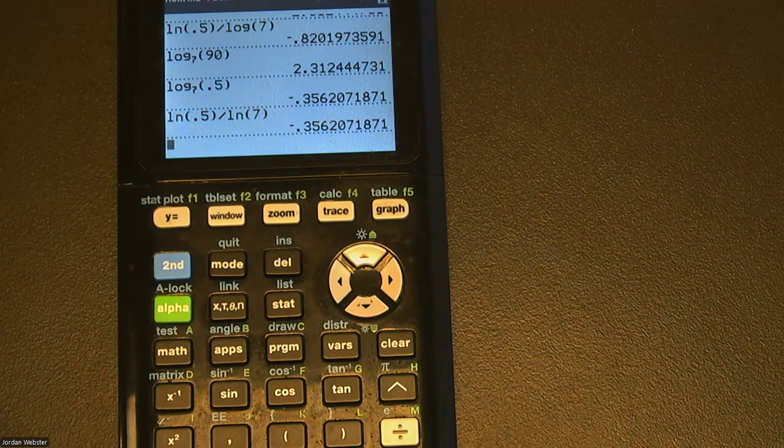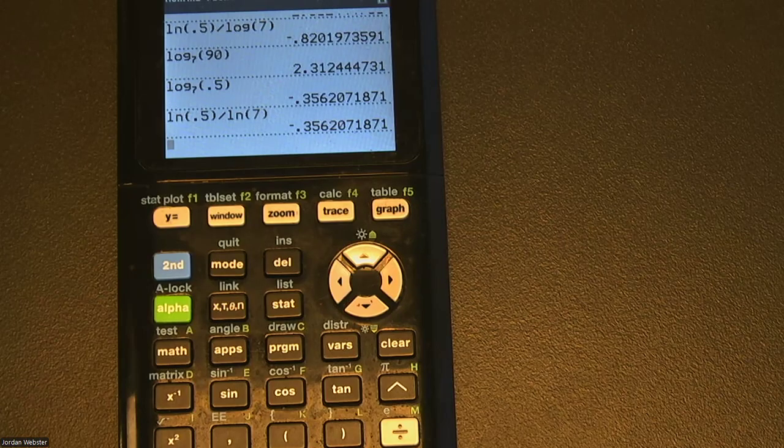I had the wrong number on that last one. So on that last one, it should have been negative 0.36. The log base 7 of 0.5 is negative 0.36. So you can use that feature as well if you have logs of other bases.